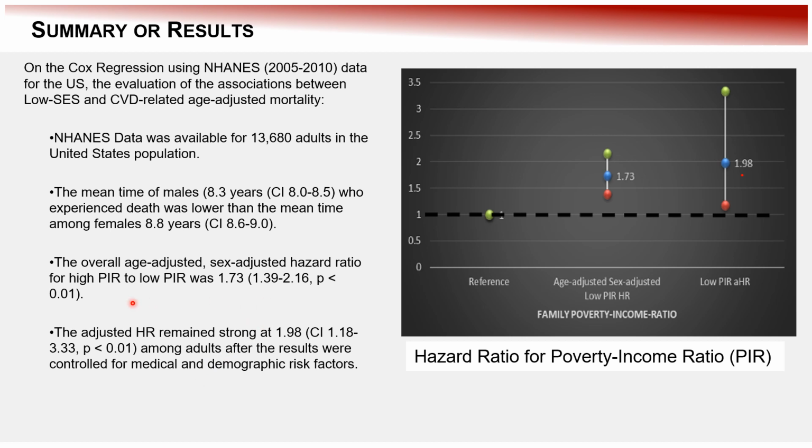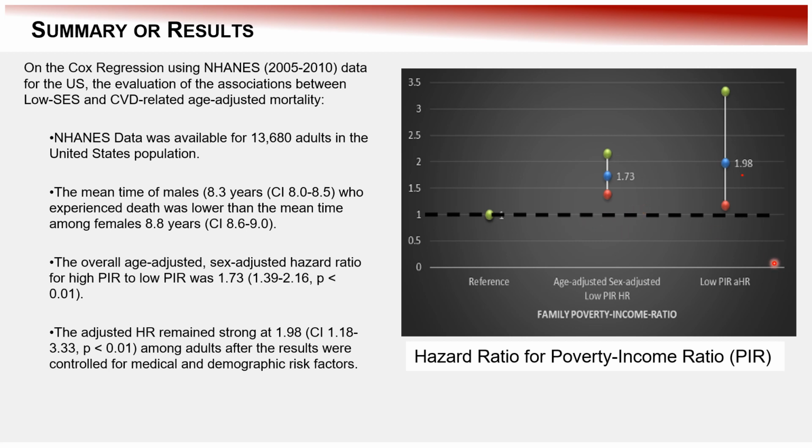The overall age-adjusted and gender-adjusted hazard ratio for high poverty-to-income ratio and low poverty-to-income ratio was 1.73, as we can see in the graph on the right, compared to the reference that we had.